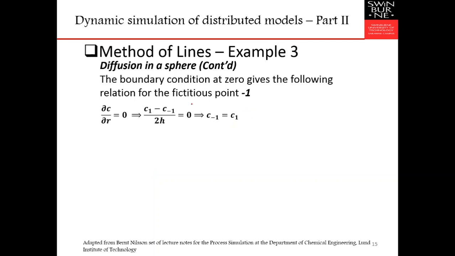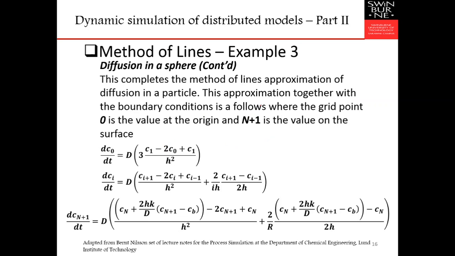And so in theory, the boundary condition at 0 gives the following relation for the fictitious point minus 1. And then this completes the method of lines approximation of the diffusion in particles. So we have these 3 equations basically that can describe the diffusion in a sphere using the method of lines.